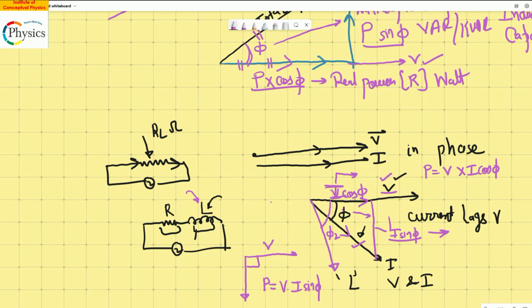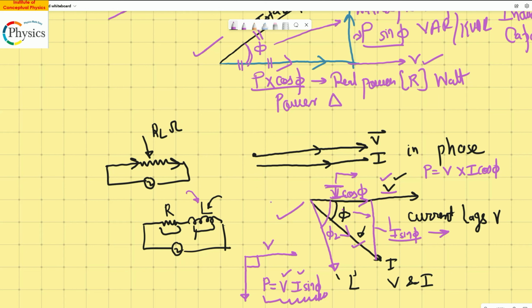And I told you this is a reactive power. It is the useless power, VI sin phi, which we studied here also. Now I'm expressing the same in terms of V and I. Same concept. This was a power triangle that I made here. It's called a power triangle.